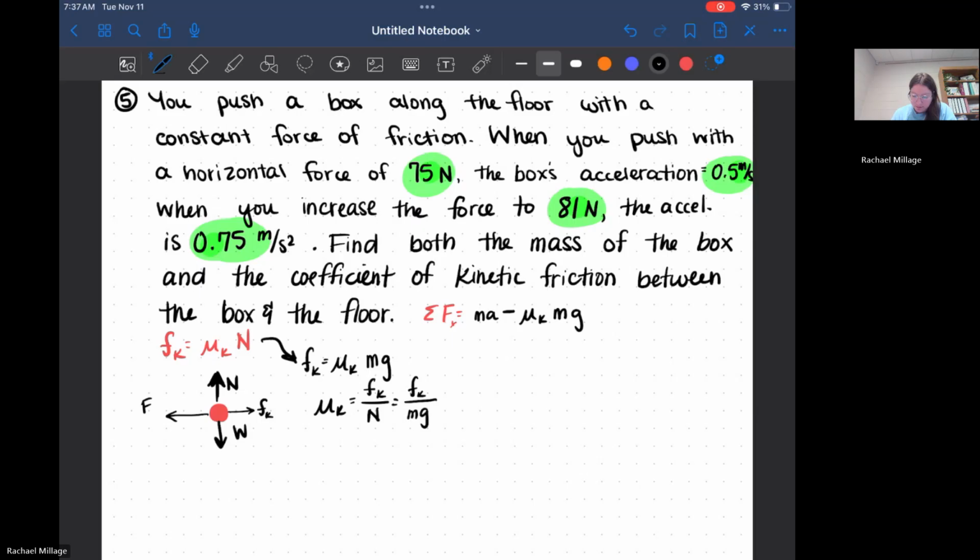So then I could also rewrite this as my kinetic friction force equal to my mass times my acceleration divided by my mass times gravity.